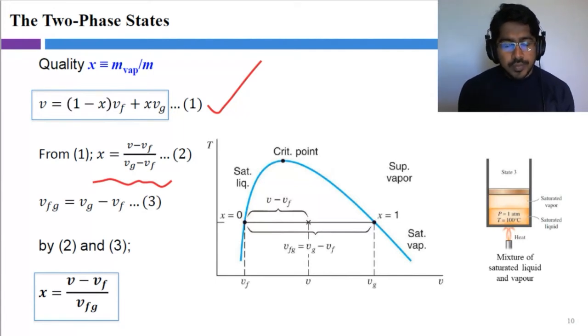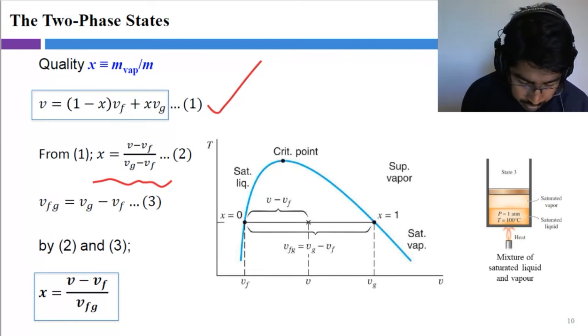In certain questions the x will be given, in certain questions the specific volume will be given. So depending on what you get, you can calculate either the specific volume or x by interchangeably using these relationships.